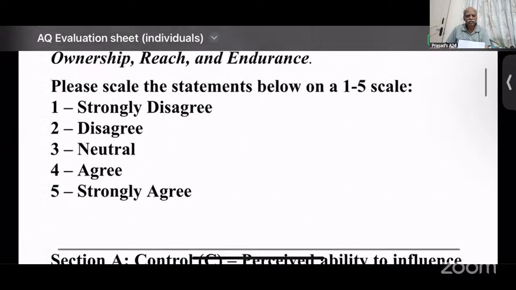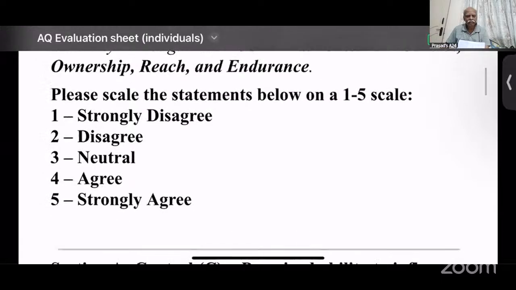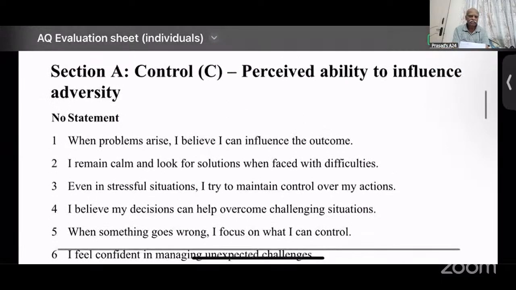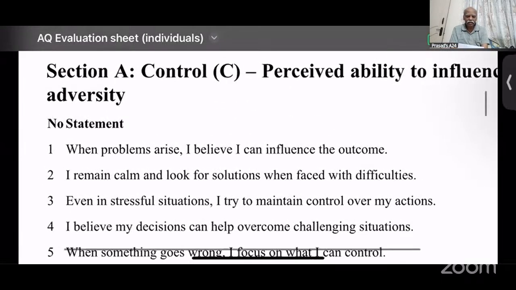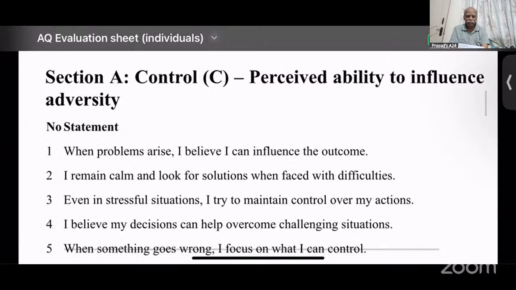The only thing is we need to be clear about the scale: 5 is strongly agree and 1 is strongly disagree and anything in between. So the first section, A, control, perceived ability to influence adversity. Already Dr. Tushar has explained about adversity, something which is beyond our control, what is happening in our environment.